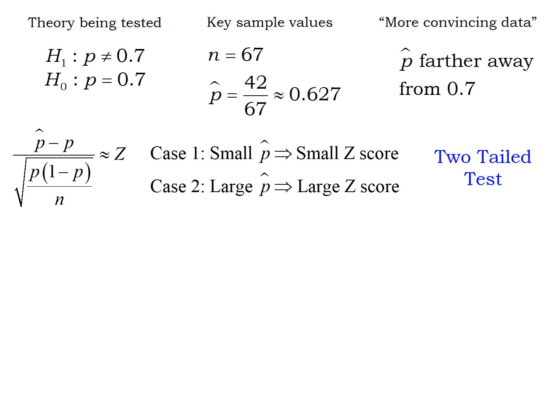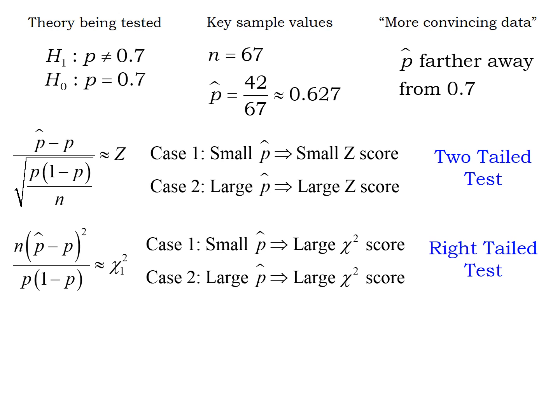We were doing a two-tailed test. When we redid the test using a new equation, we still wanted p-hat to either be really small or really large. But in both cases, they gave us outputs of large chi-squared scores. So using the second equation, this is a right tail test.